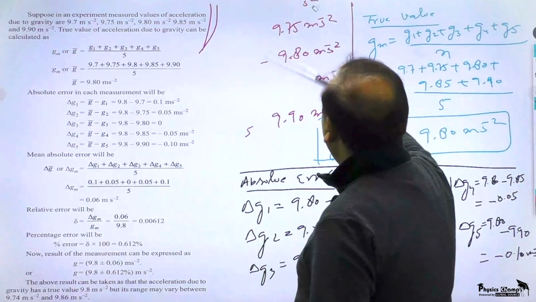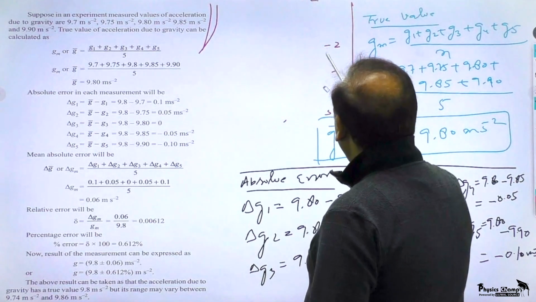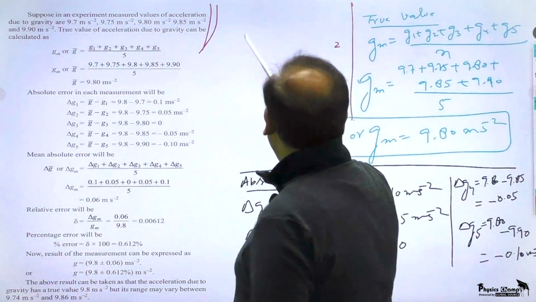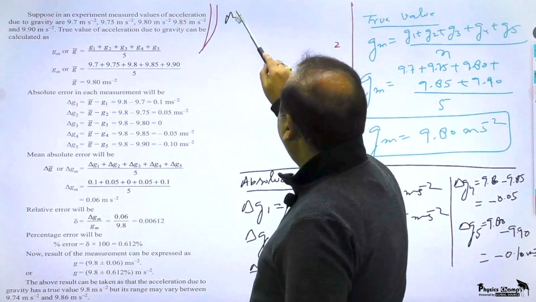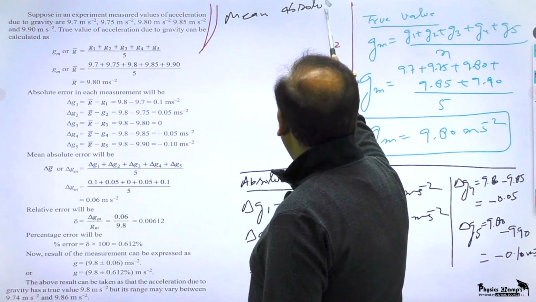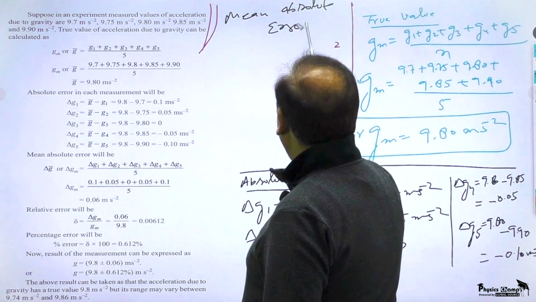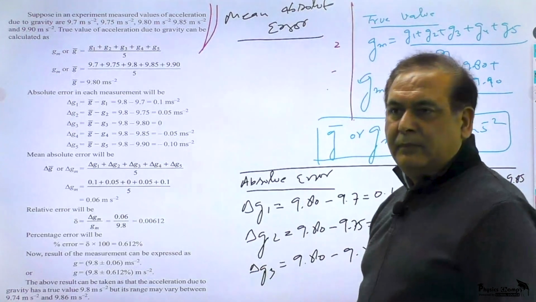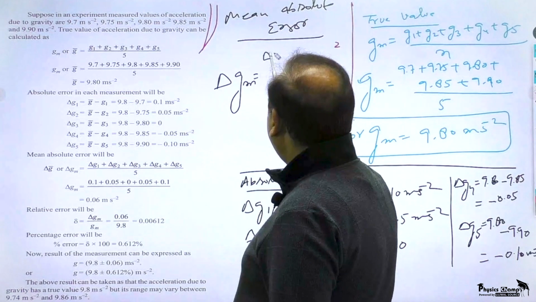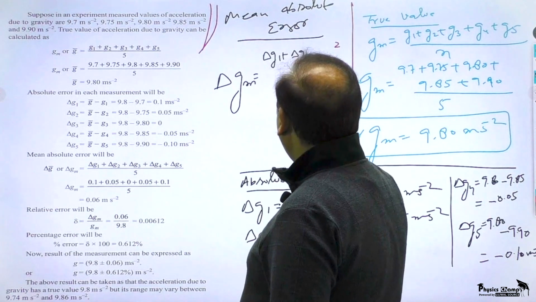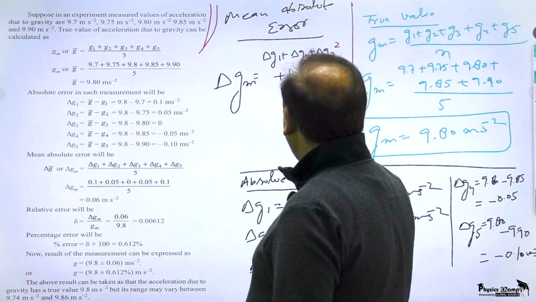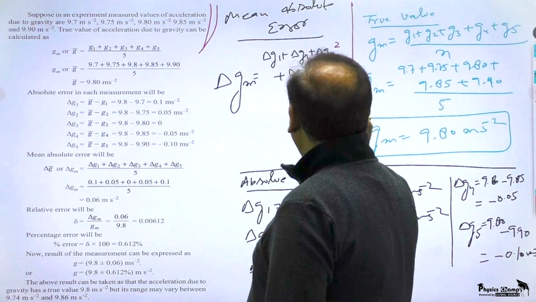In case we are interested in mean absolute error, delta Gm, it is delta G1 plus delta G2 plus delta G3 plus delta G4 plus delta G5 divided by 5.